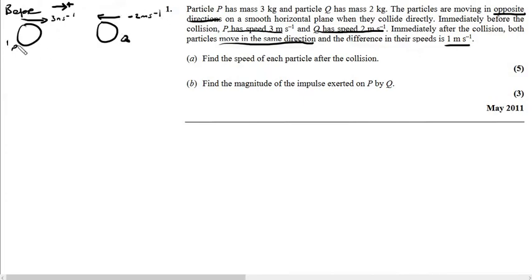I say speed, I should say velocity, because it's a vector quantity. And P has mass 3 and Q has mass 2.